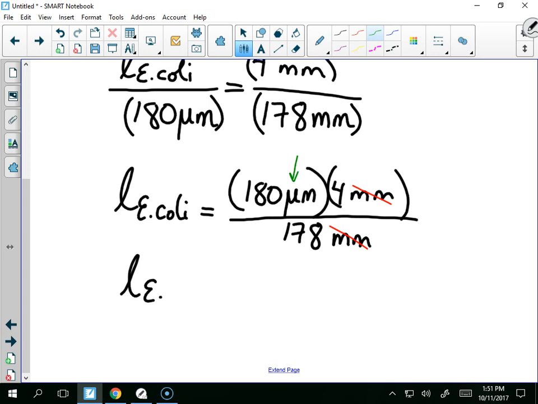We're just using some math. Can I get someone to do that calculation for me? So 180 times 4 divided by 178. What do we got? Okay, I got 4 microns for that one.